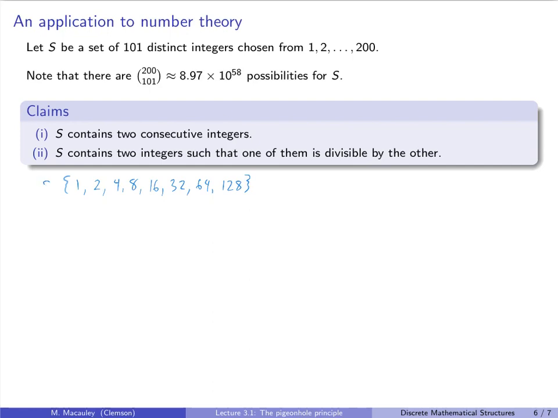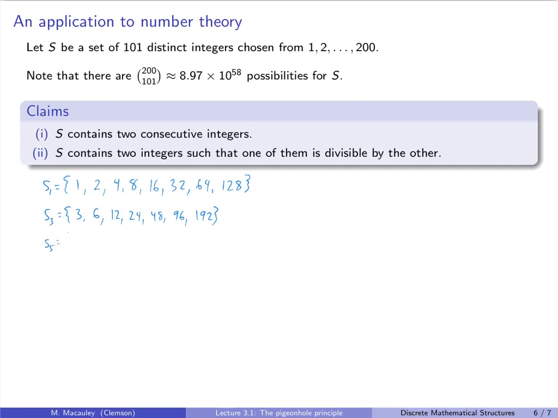So I'm going to call this S1. My next one, I'm going to start with the next odd number, 3, and I'm going to keep doubling that. So 3, 6, 12, 24, 48, 96, and 192, and then I'm going to stop. So I'm going to call this S3.